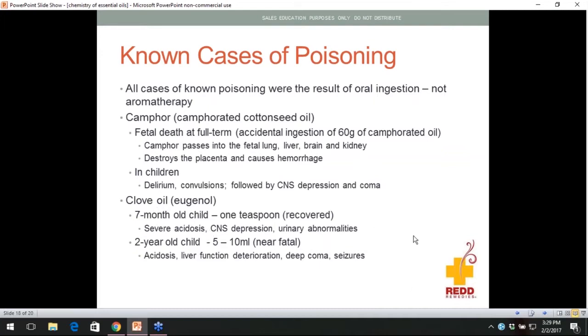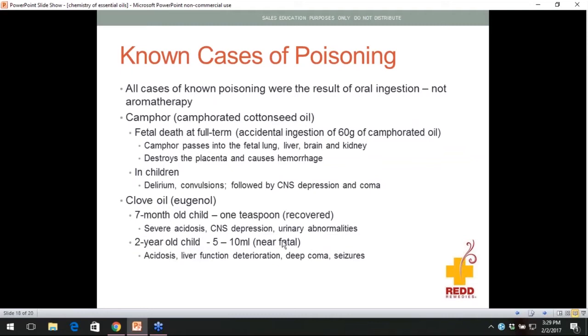Clove oil, I know that people will use that for toothaches. I suspect in the 7-month-old child this was purposeful, maybe was teething, I'm not sure. This baby did recover with medical intervention, and this 2-year-old also had an intentional dose, not sure why, also recovered, but almost died.